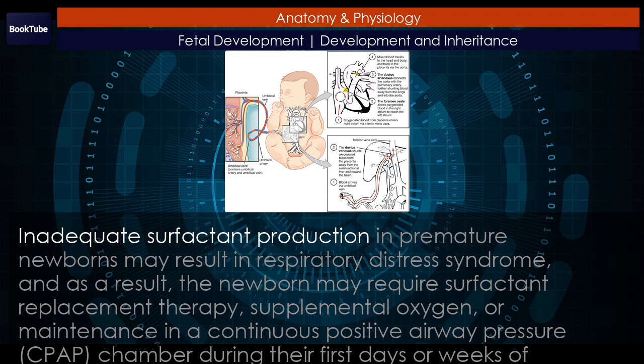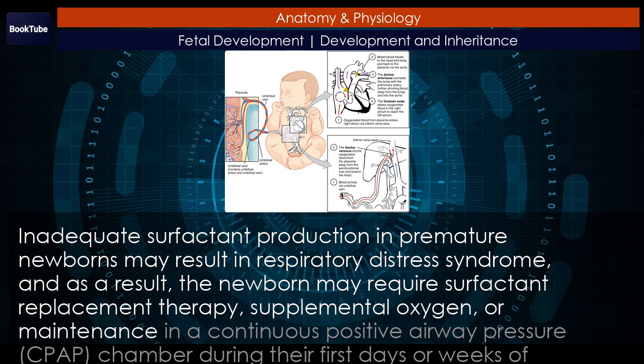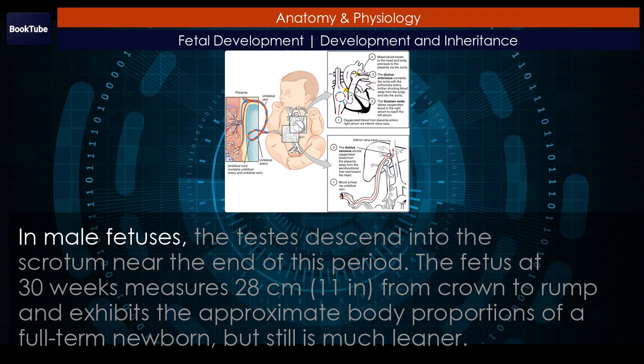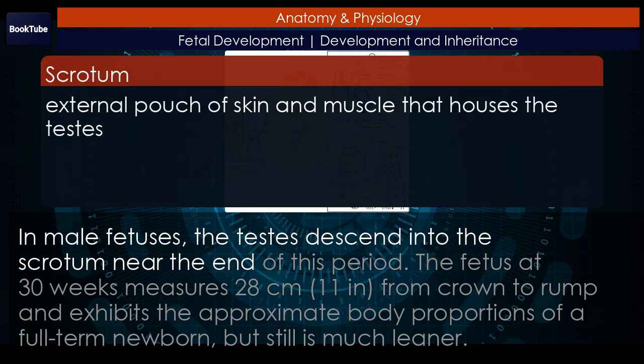Inadequate surfactant production in premature newborns may result in respiratory distress syndrome, and as a result, the newborn may require surfactant replacement therapy, supplemental oxygen, or maintenance in a continuous positive airway pressure (CPAP) chamber during their first days or weeks of life. In male fetuses, the testes descend into the scrotum near the end of this period.